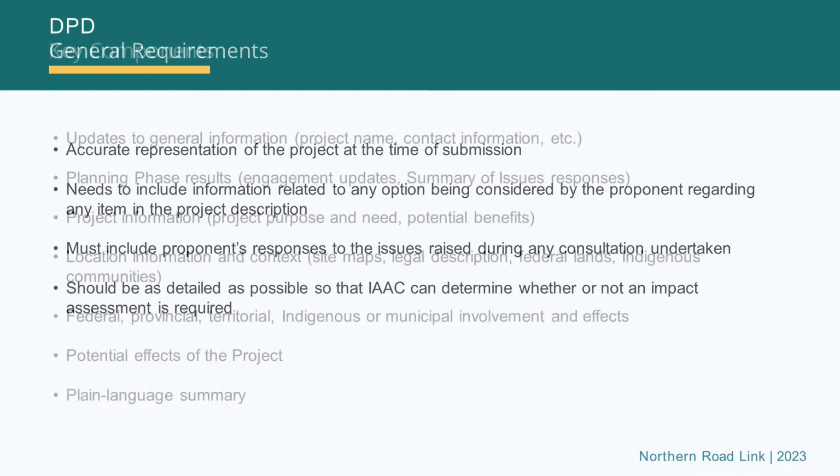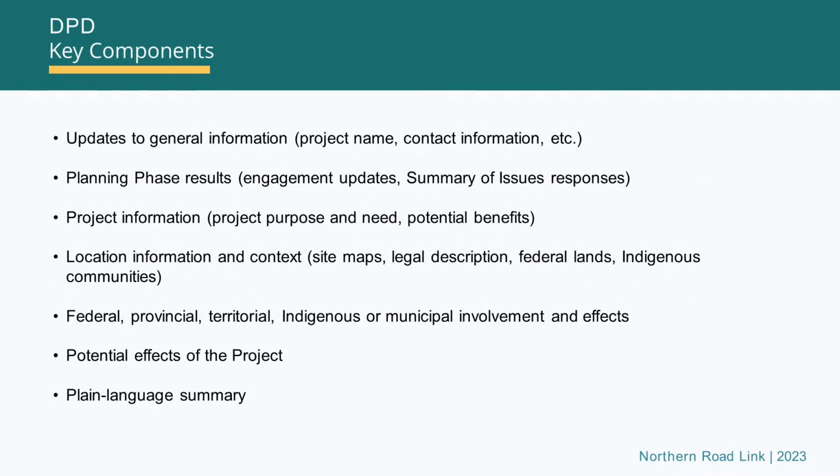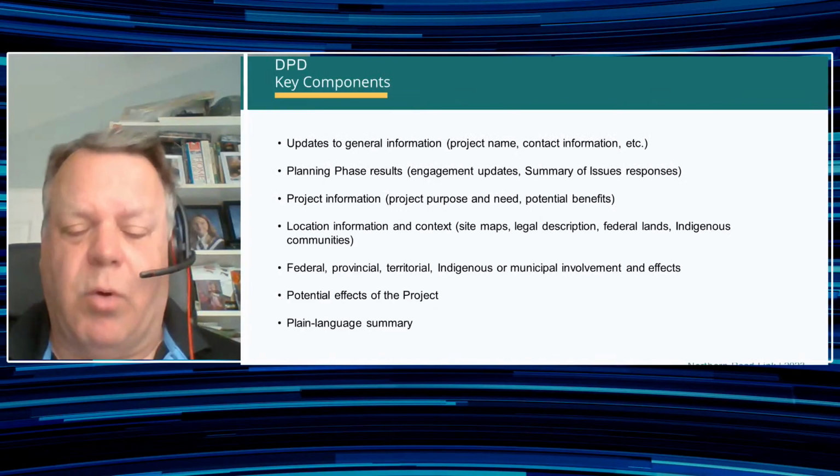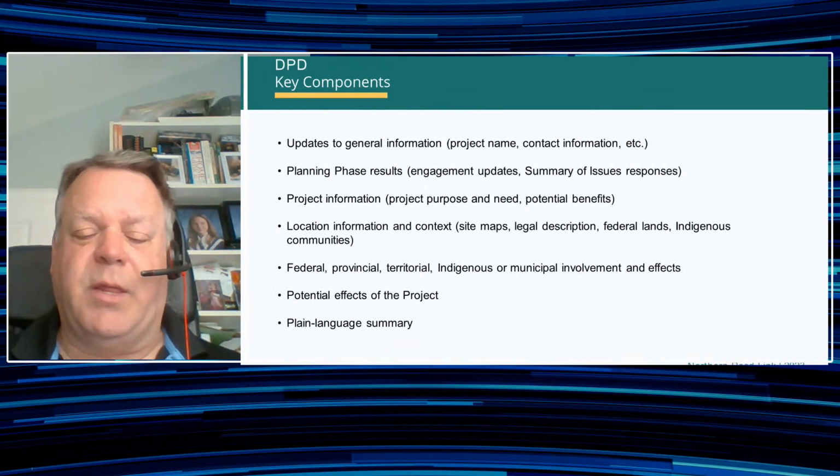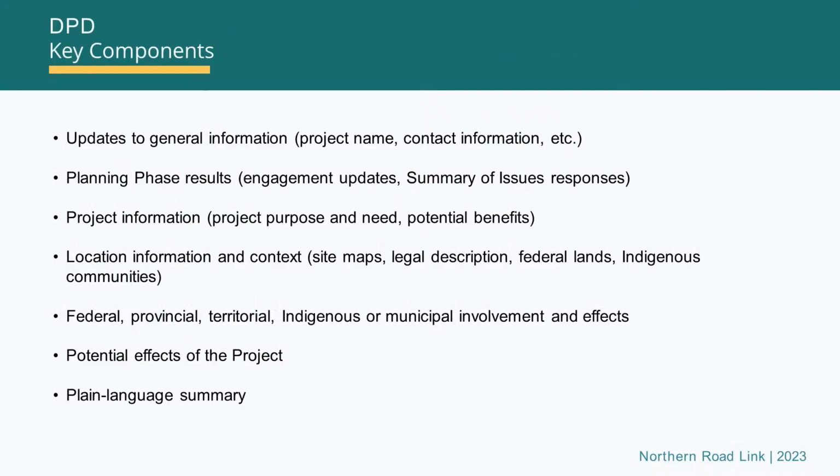Let's move now to the key components of a detailed project description. Some of these may be obvious, but it's important that we go over these. One of them is updates to general information. So if the project name is changed or contact information, that has to be included. The results of the planning phase, so those responses to the summary of issues.